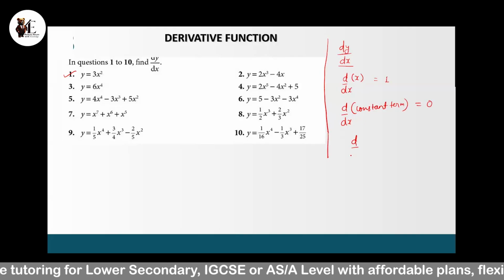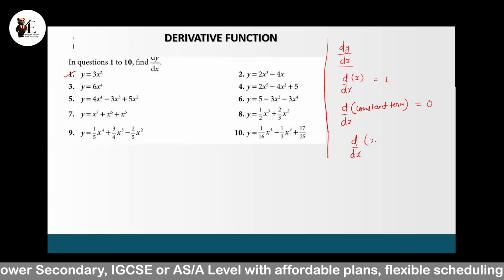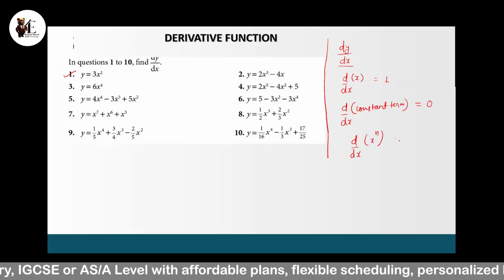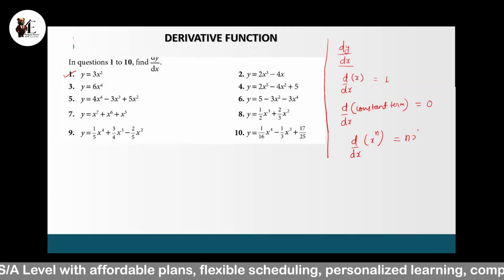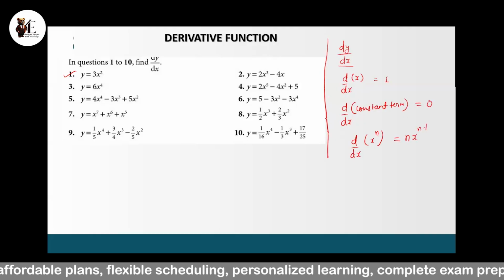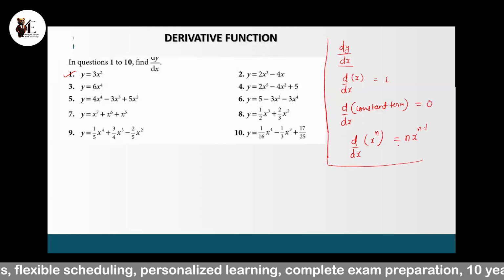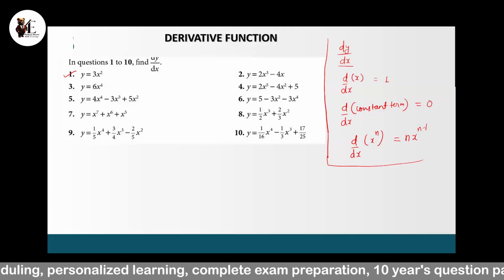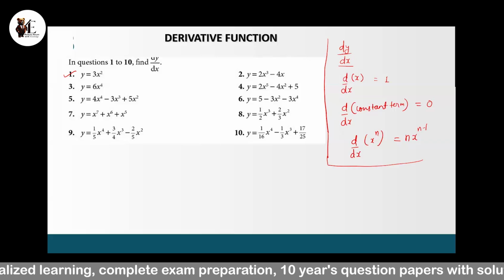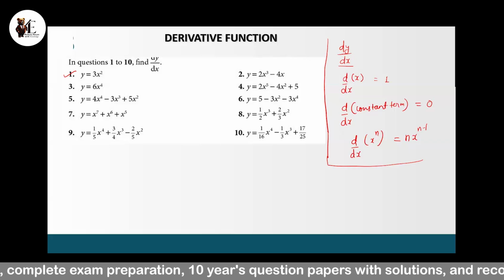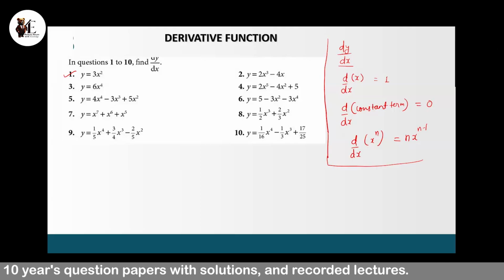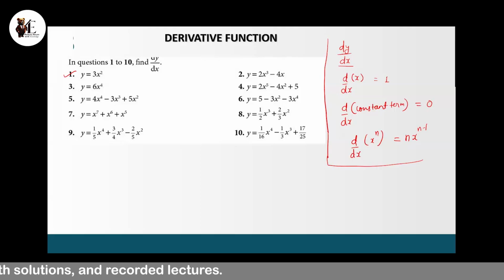And if you are doing the differentiation of a term whose power is n, its differentiation will be nx^(n-1). So these are the 3 formulas you have to remember while doing differentiation. These formulas will be applicable in such questions. If only x is present, then its differentiation will be 1. For the constant term, the differentiation will be 0. And if the x term has the exponent n, first we write the exponent, then the variable, and then reduce the exponent by 1.